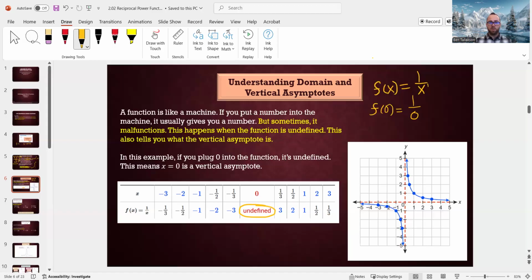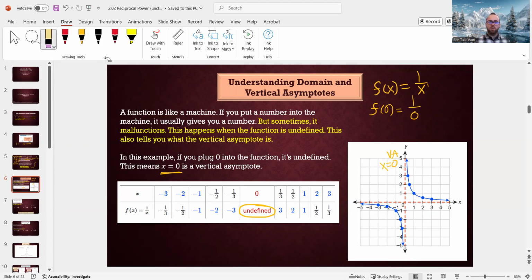So there's a vertical asymptote where x is 0. So don't forget, even though the x-axis is horizontal, we are labeling our vertical asymptote. It's a vertical line, x equals 0, because any point on this line will make that true, right? X is always 0. Okay?